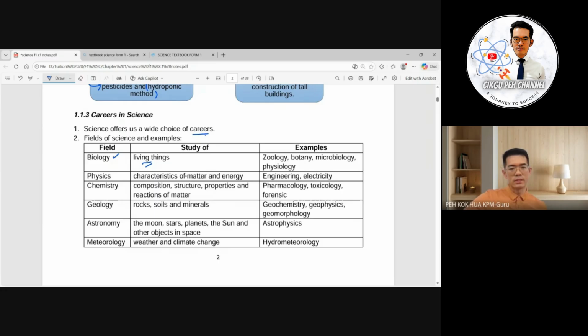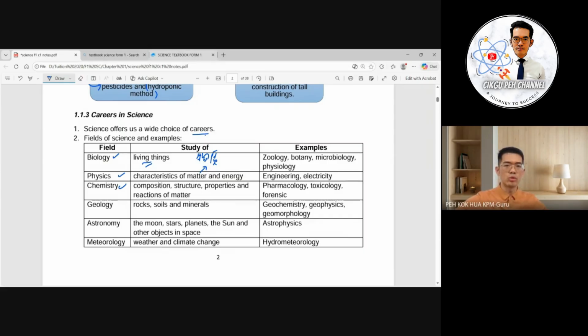So physics, we learn about matter, 物质, and energy, 能量. Okay, so the field involved will be engineering, electricity. Clear? Then chemistry, 化学, composition, structure, properties, and reaction of matter.